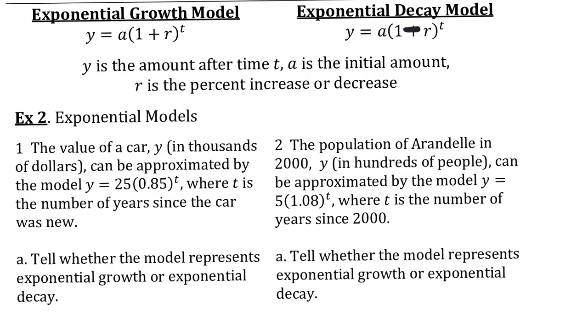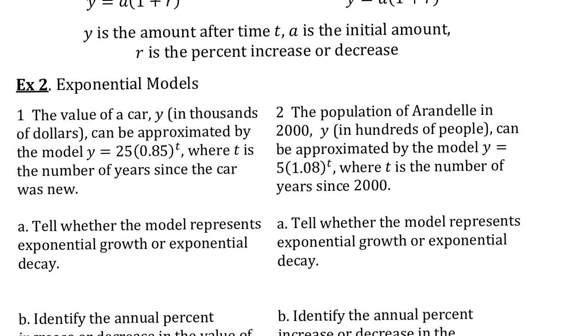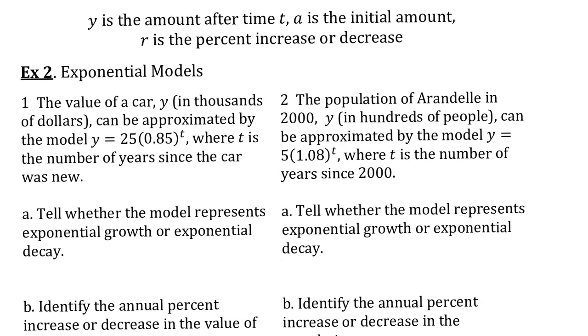Let's see when this might come up. It says the value of a car, y, in thousands of dollars can be approximated by the model y equals 25 times 0.85 to the t. This is an exponential model because the variable is in the exponent spot. t is the number of years since the car was new. The first question asks, tell whether this model represents exponential growth or exponential decay.